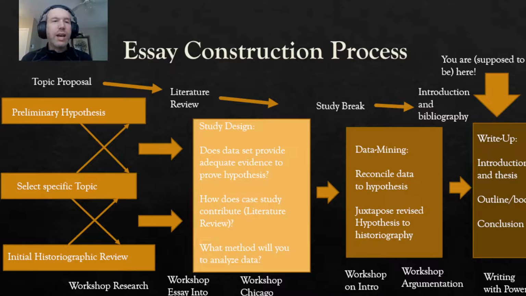Over the study break, I suggested that you invest in mining your data set, the hard labor of finding the evidence from your primary sources, as setting the stage for the final stage where we arrange the evidence, sharpen our argument in order to persuade the audience.